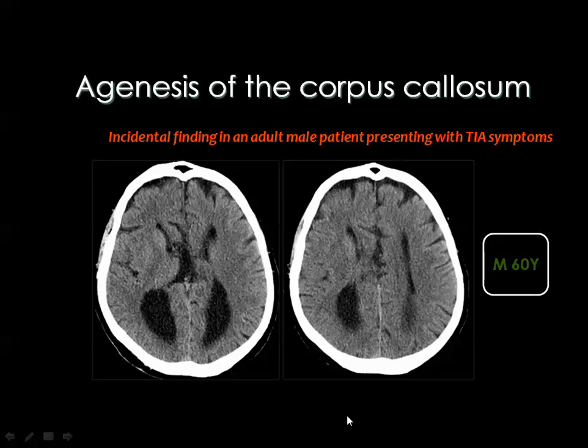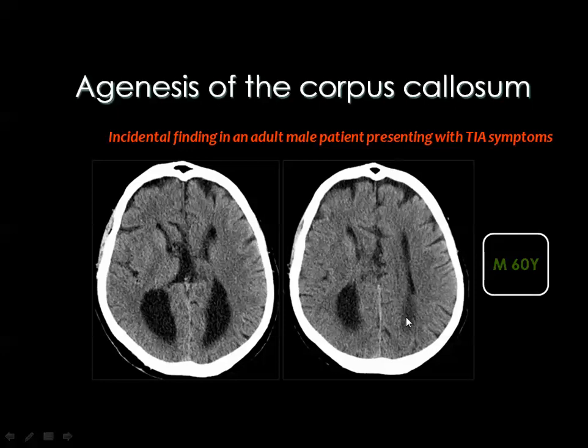In the CT images, the clue for the diagnosis of agenesis of the corpus callosum is that you see that the lateral ventricles are separated away from each other from the midline, and they have no configuration. They are stem-like or stick-like.